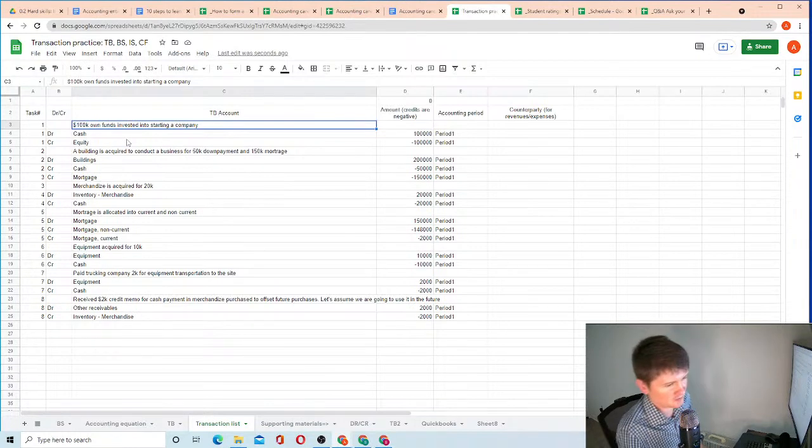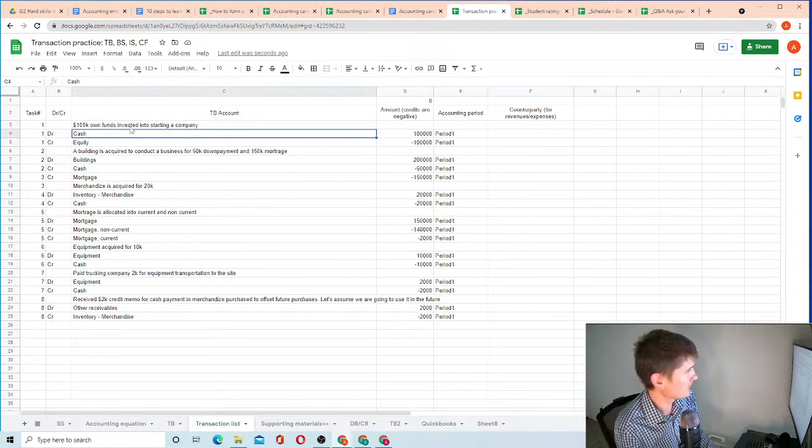Like, for example, when you establish the business, you invest some money in that business. So you go open a business checking account, and you either deposit cash there or a check, or you transfer money from your personal account to that business. And in that situation, the business will make an accounting entry, which will be cash and equity.